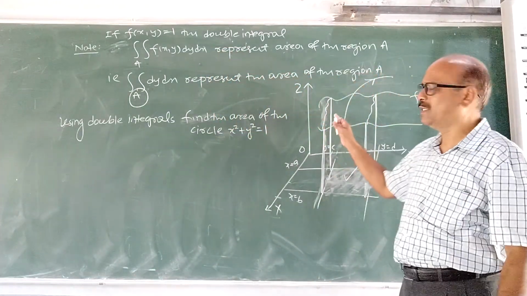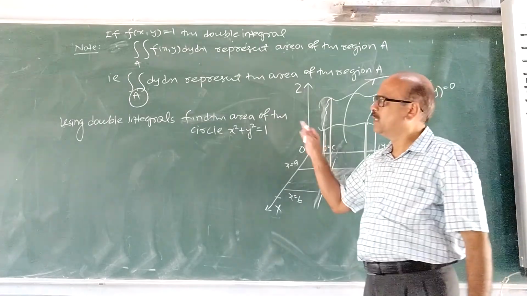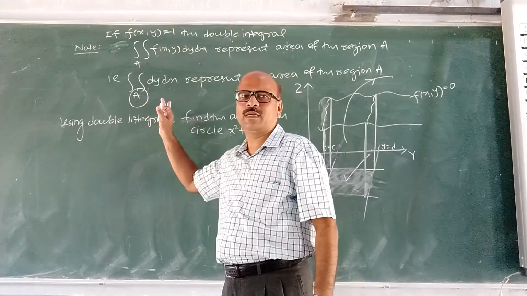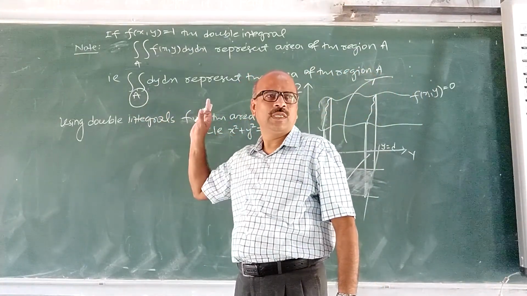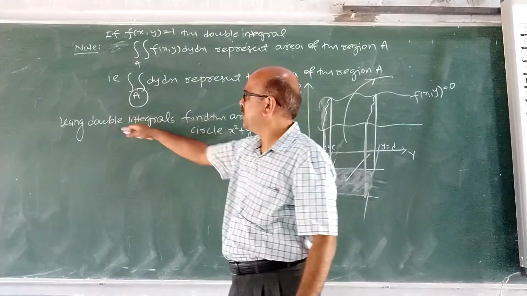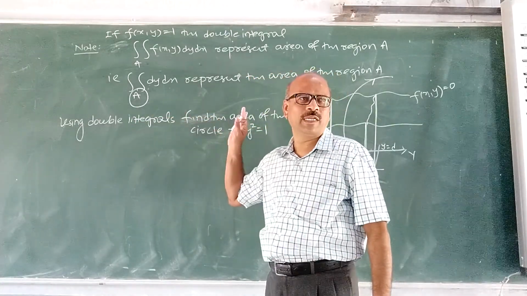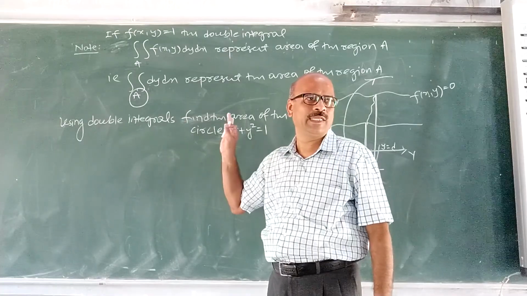This theory part is not required, and you will get only problems here. The question is like this: find the areas using double integrals. Area of the circle, ellipse, like that.